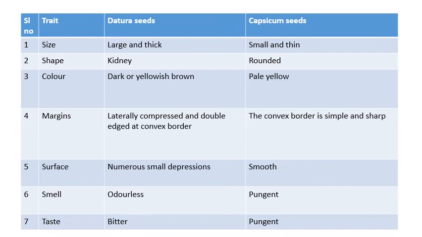The most important is the smell. Datura seeds are odorless, whereas the capsicum seeds are pungent in odor. Similarly, when you taste the datura seeds, they are bitter, whereas the capsicum seeds are pungent to taste. The characteristic chili taste is tasted.